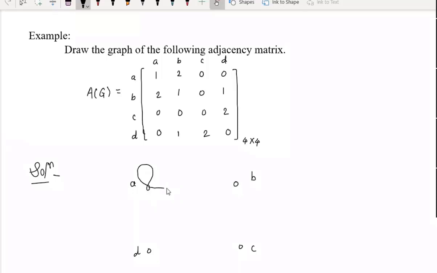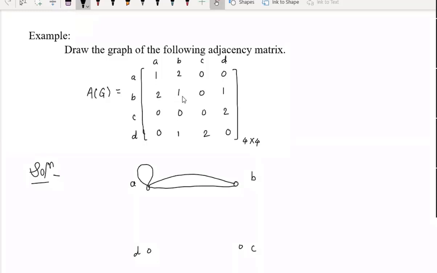This is the one edge and this is the second edge. Okay. Then between A to C, no edges, and between A to D also no edge. Clear? So this is about the first row.